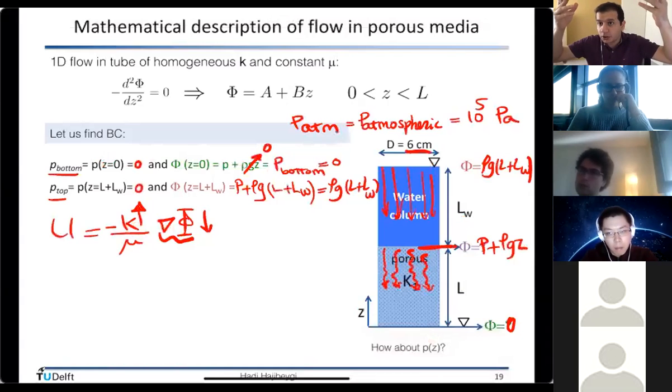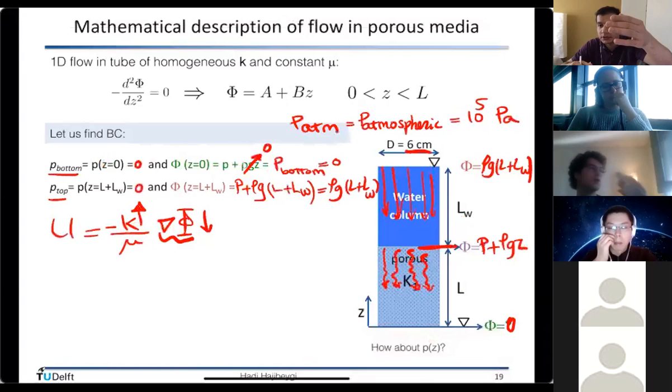It's R squared divided by 8, right? From the previous lecture. The potential drop in the water column is extremely small because water can flow very, very conveniently in this big tank or tube. Let's call it tube because it's not tank, it's 6 centimeters.